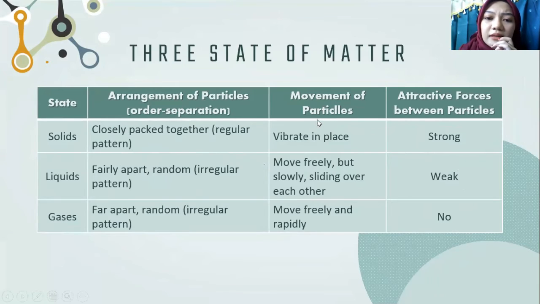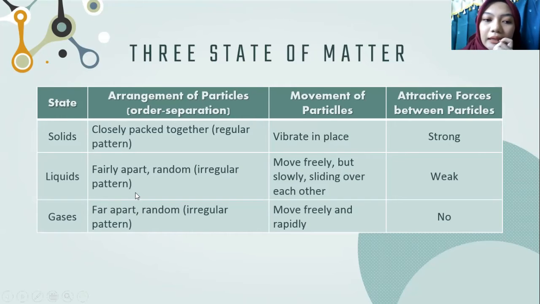And the particles in a solid do not move, but only vibrate in place. Like you can see on the page before, the particles do not move, only vibrate in place, and the attraction between each particle is very strong.